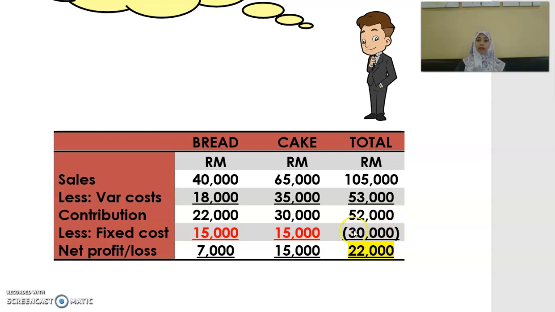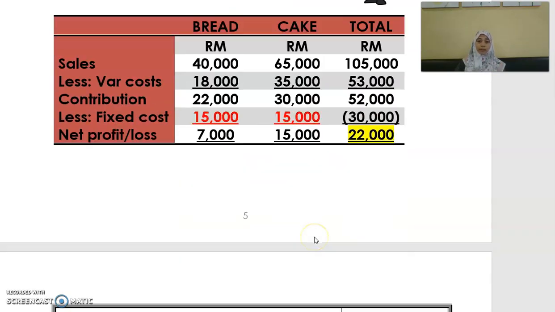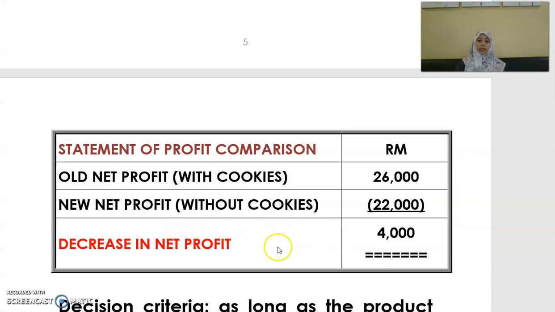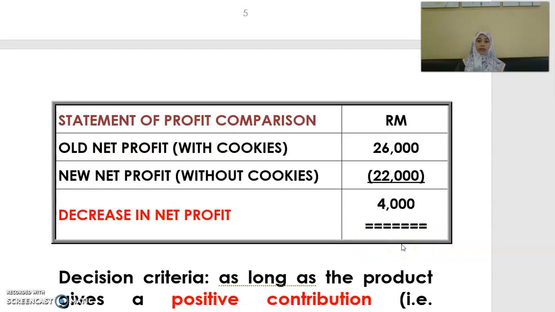Because the 10,000 share of fixed cost borne by cookies just now has to be shared equally by bread and cake: 5,000 is given to bread and another 5,000 to cake. So in total, bread has to take 15,000 and cake has to take 15,000. So you can see there will be a net decrease in your profit of 4,000.